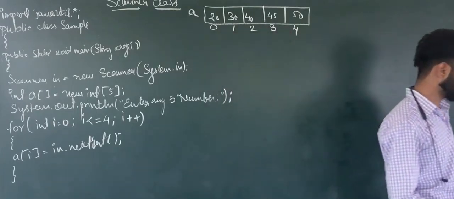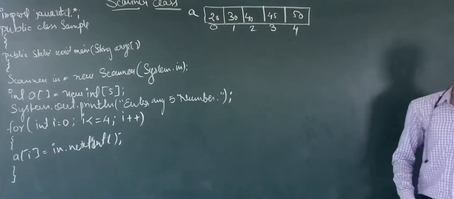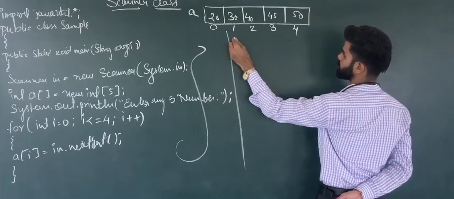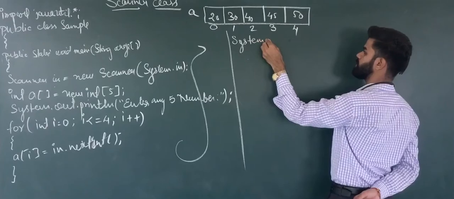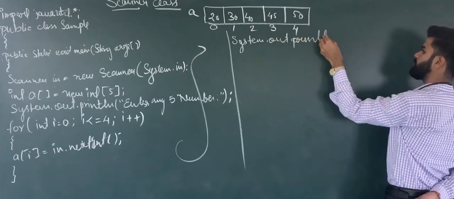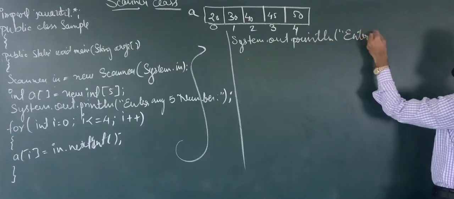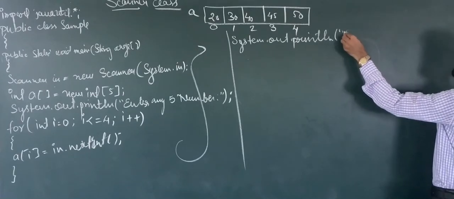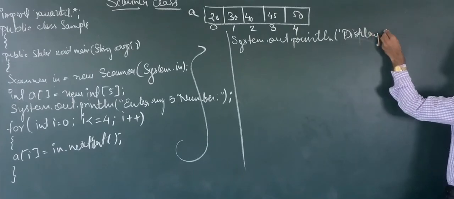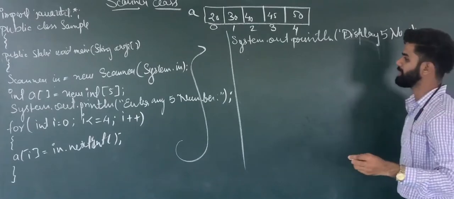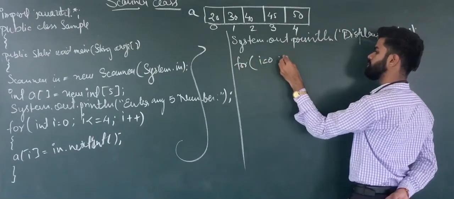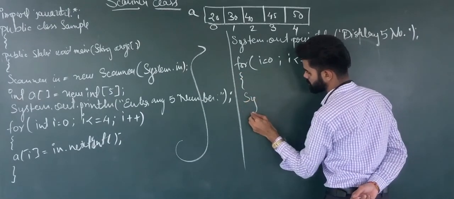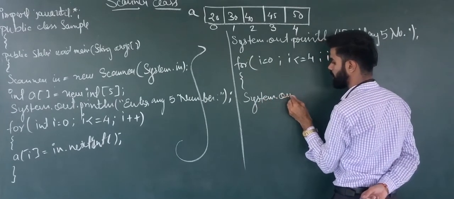So now see class, suppose now we are going to print these values. So we are going to continue from here, and then again System.out.println, not enter yet, now we are going to write "Display 5 numbers", and then again for(int i = 0; i <= 4; i++), and now after this System.out.print.